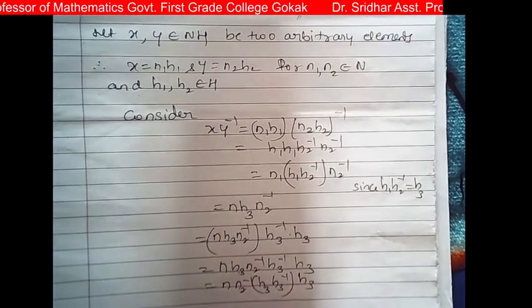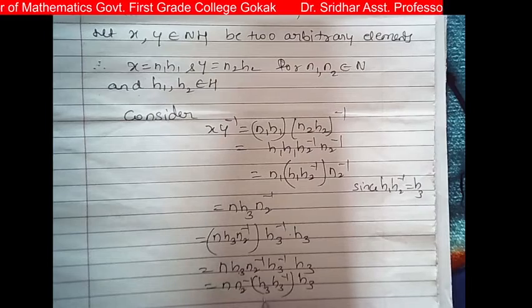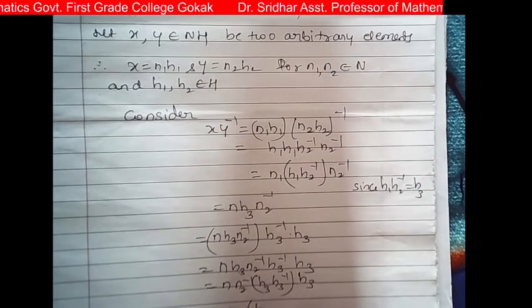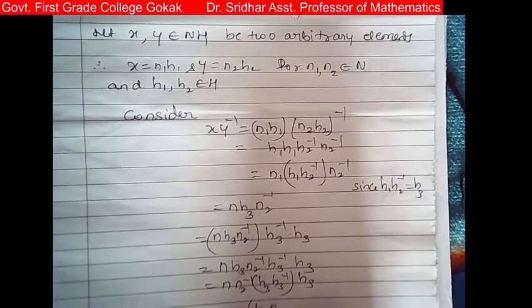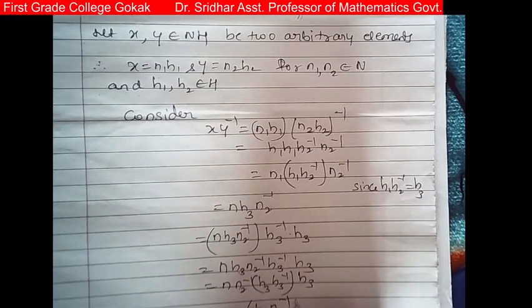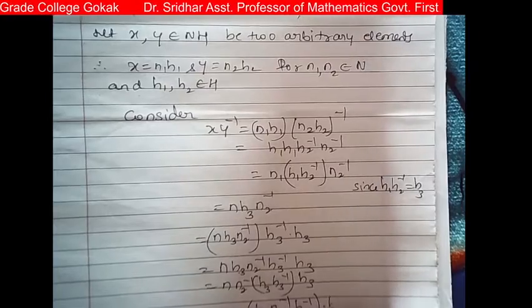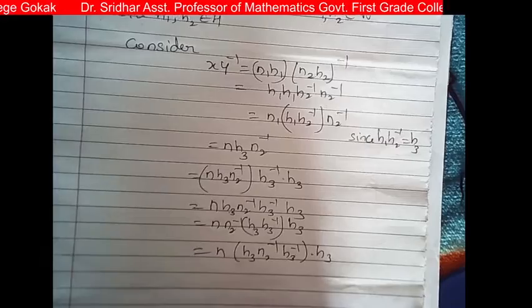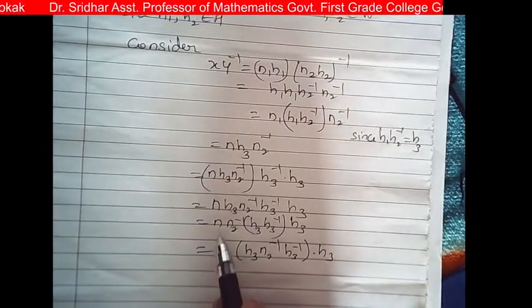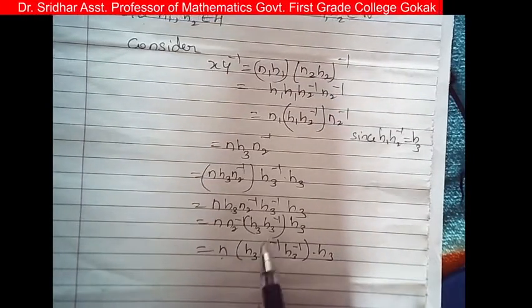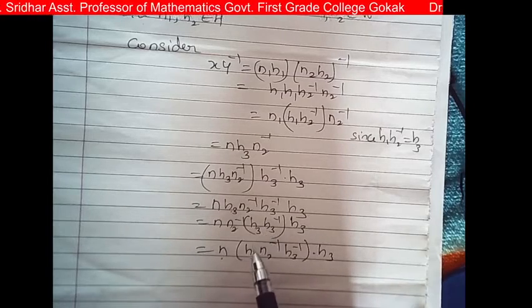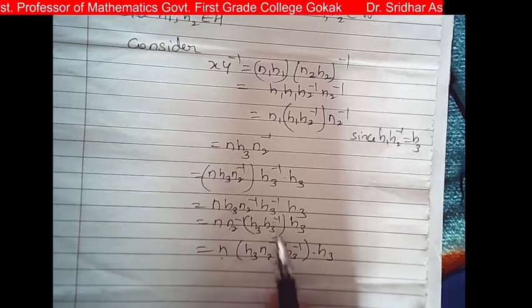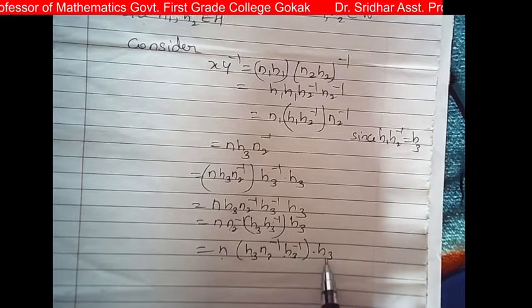Just rearrange these terms: first h3, then n2 inverse, then h3 inverse, then h3.